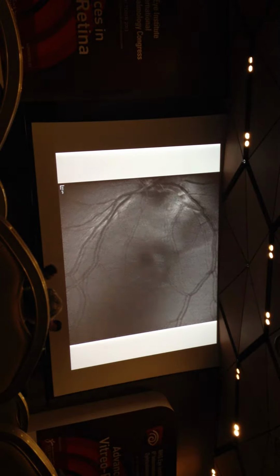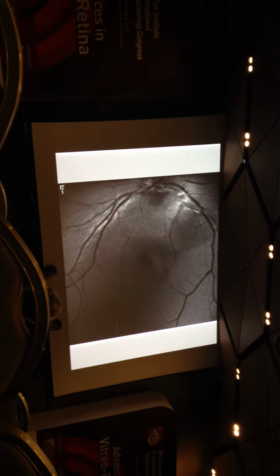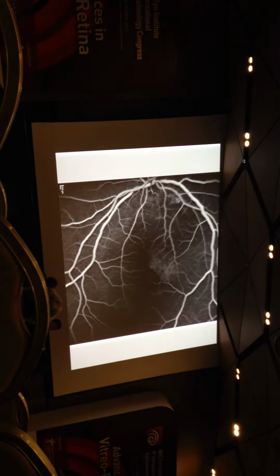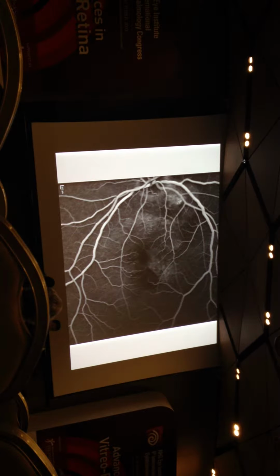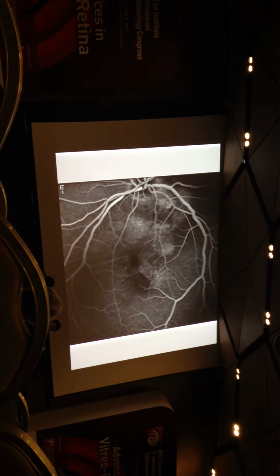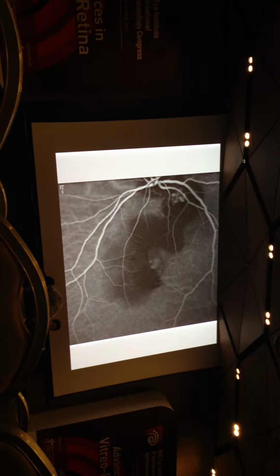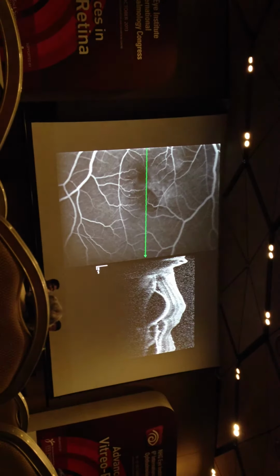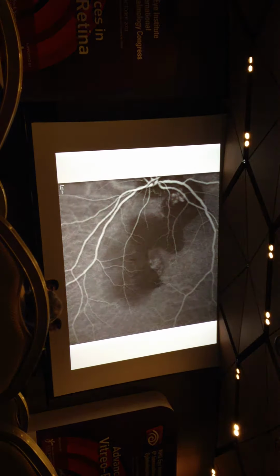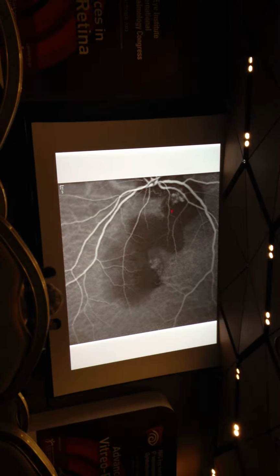And just to give you some images in fluorescein and the ICG. You see a polypoidal lesion over there with a stain, with blood, fluid.